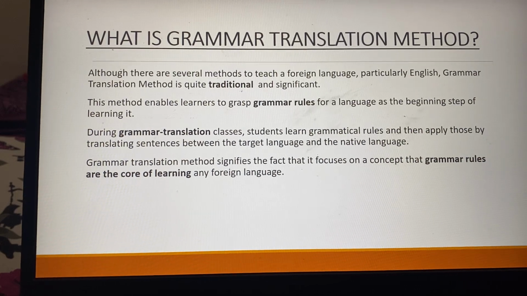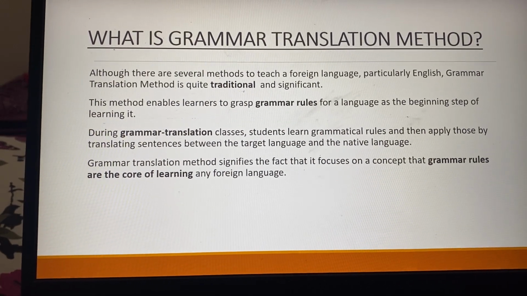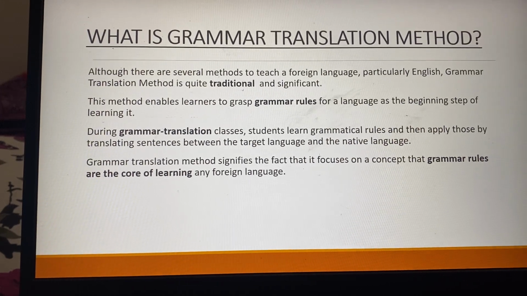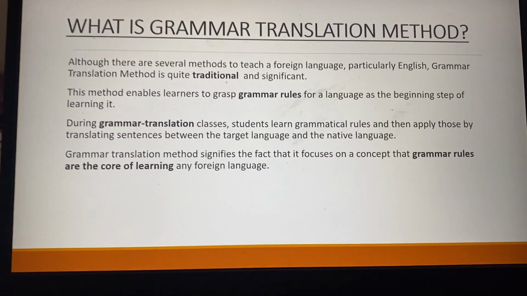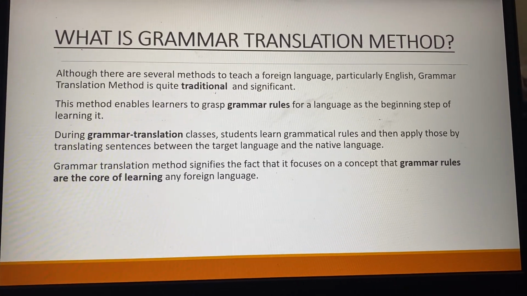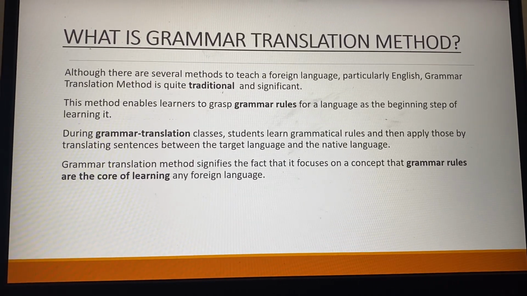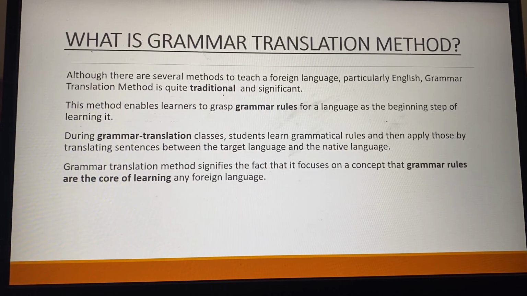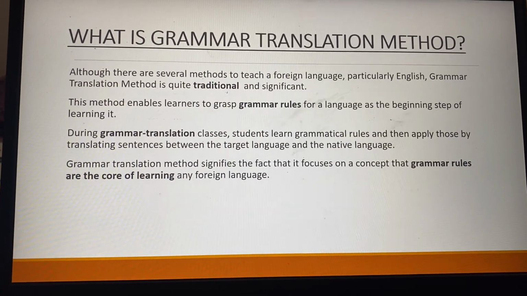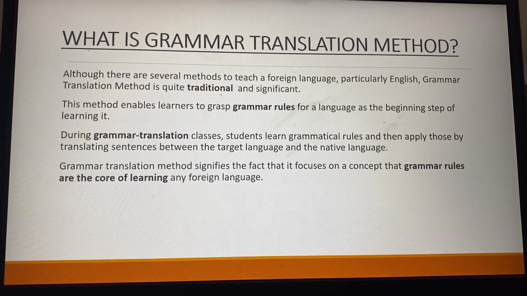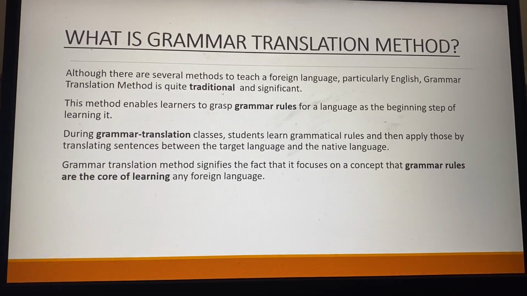For example, if you have to learn a language, for example, English, you have to start learning it from grammatical rules. And specifically, these rules are very much connected to the rules of the native language. So basically what they do is they start comparing your native language to the target language.